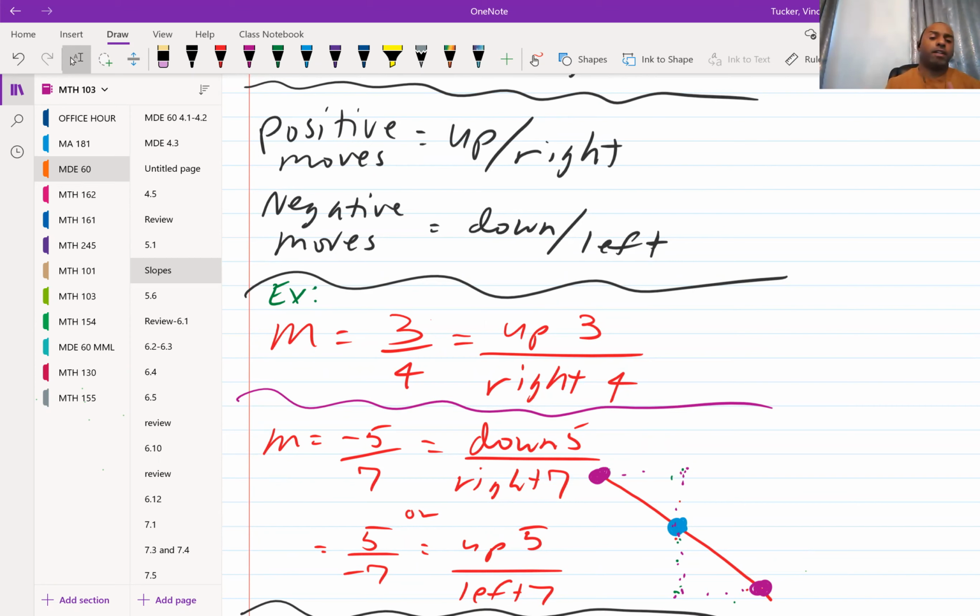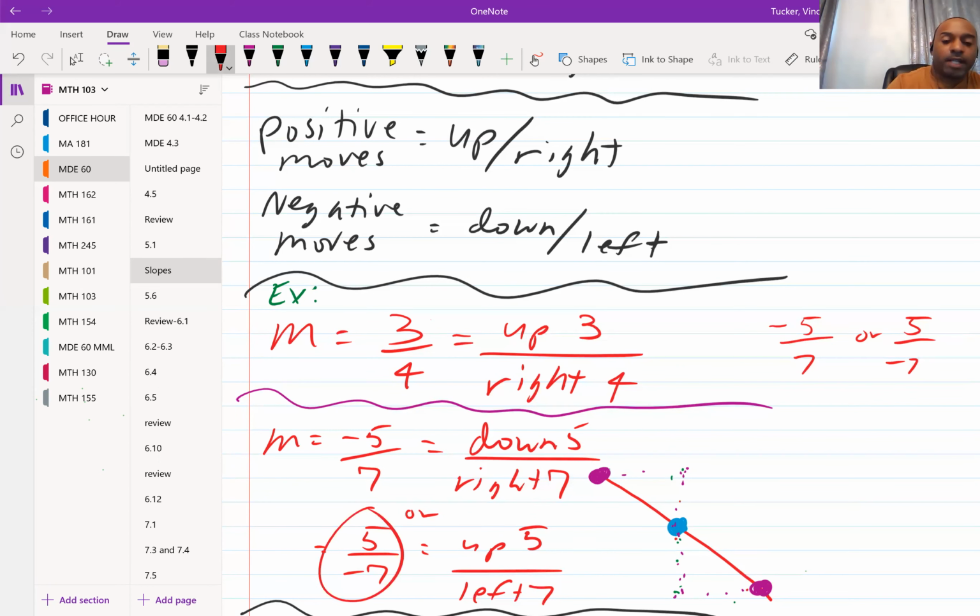Whenever you have a negative sign in a slope, you either have to give the negative to the top number or to the bottom number. You can't do both, because negative over negative would be positive. So if you're talking about direction, I normally say go ahead and give it to the top. Making that a negative top number over a positive bottom number, that's down 5, right 7.